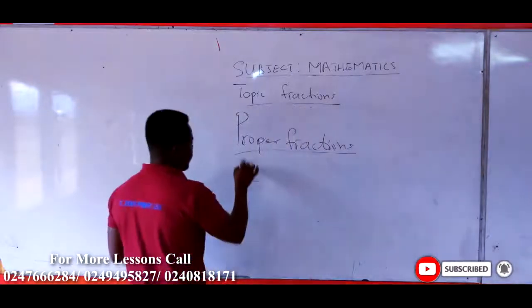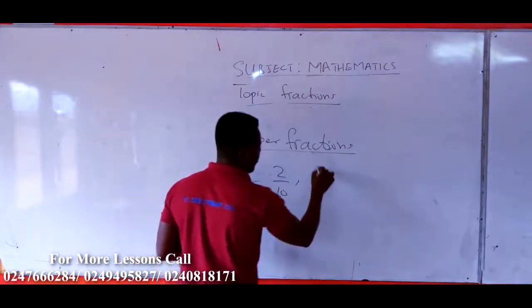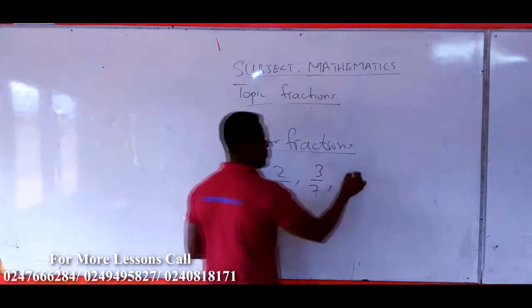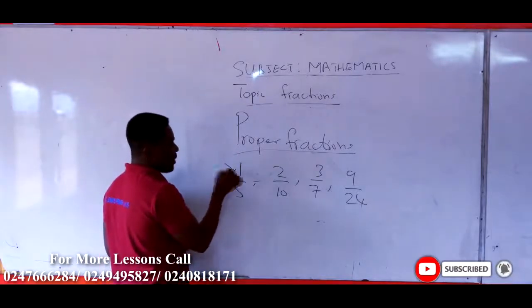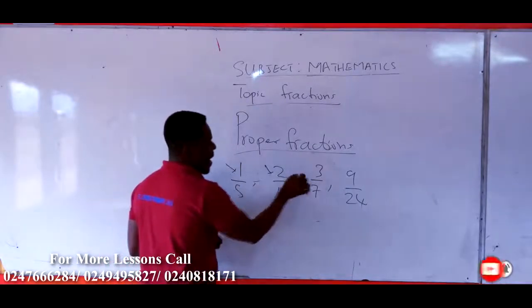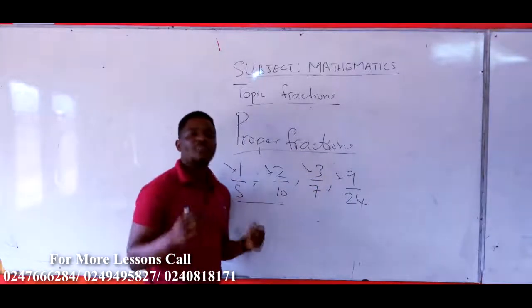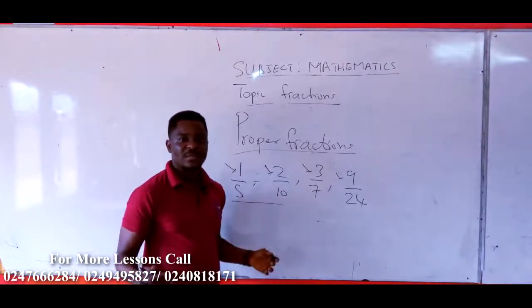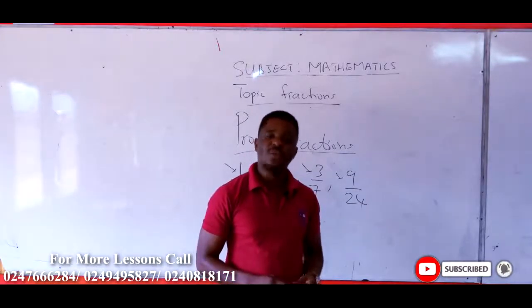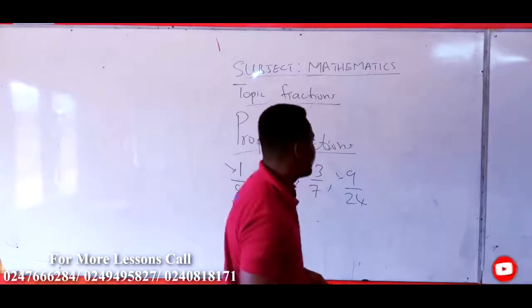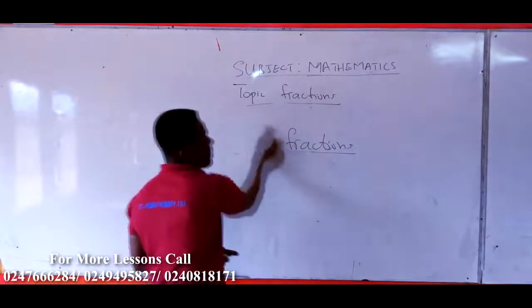So look here, I have 1 over 5, 2 over 10, 3 over 7, 9 over 24. Because the numerators are smaller than the denominators, we say they are proper fractions. The topmost part is always smaller than the denominator.